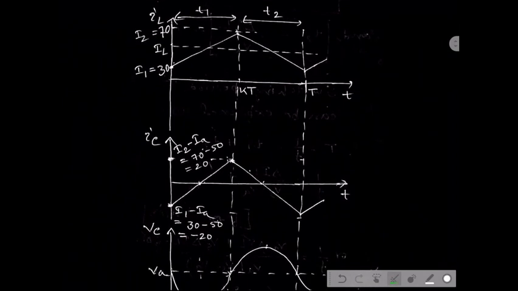Okay, just as we know, the inductor current IL equals IC plus IA. IA means the average output current and IC equals the average capacitor current. So from this, suppose we assume two numerical values, that is suppose IA equals 30 ampere and I1 equals 30 ampere and I2 equals 70 ampere. That means what?